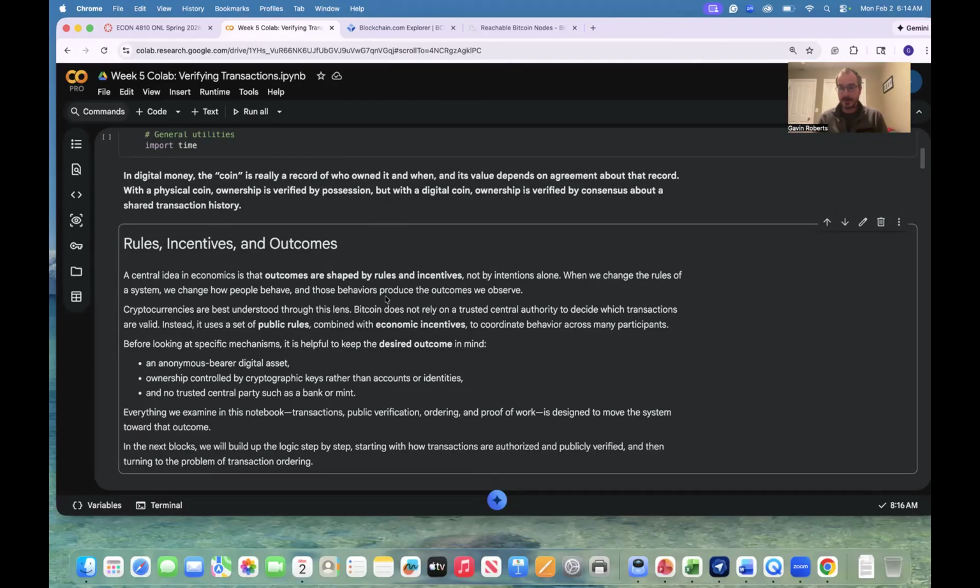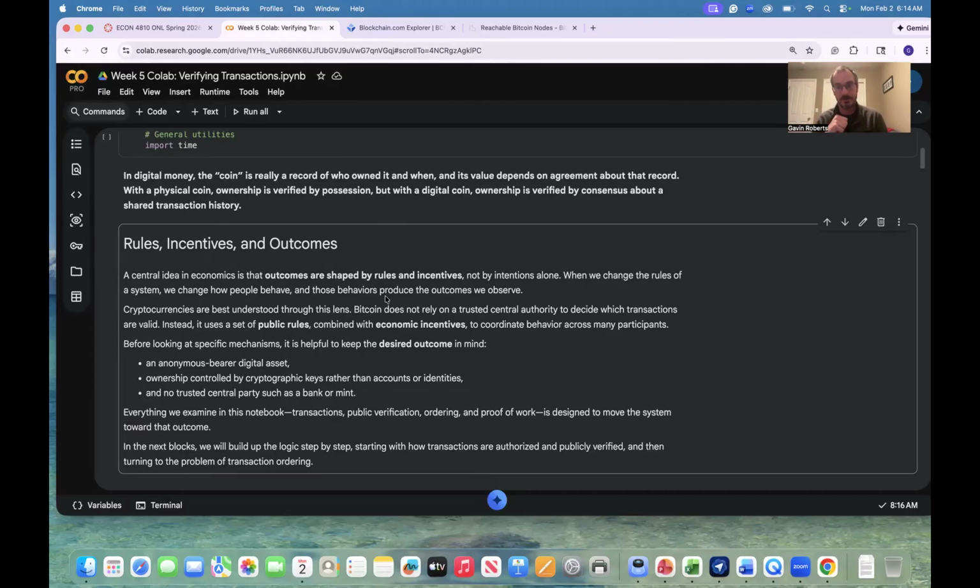With a physical coin, on the other hand, ownership is verified by possession. If I'm holding a coin, we assume, because it's possible that I stole the coin, and that certainly happens sometimes, that whatever the history of that coin is, it led to my ownership.